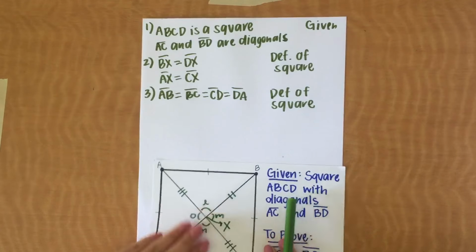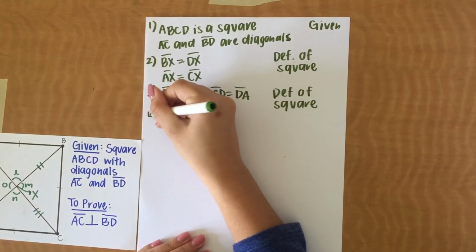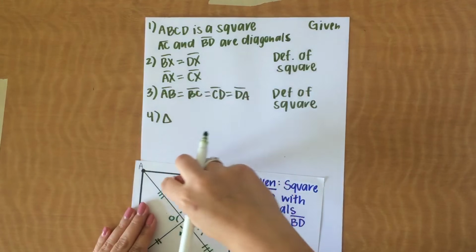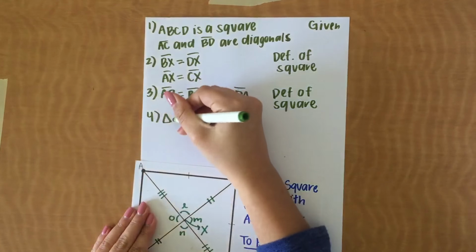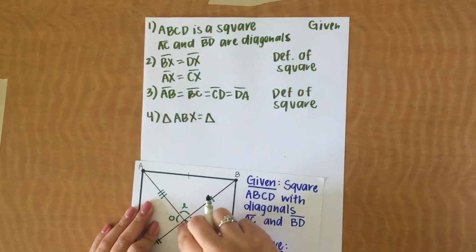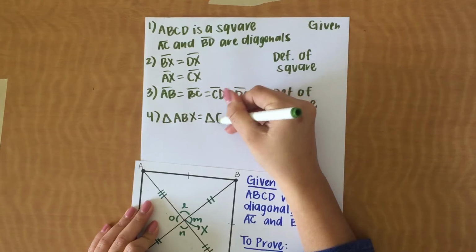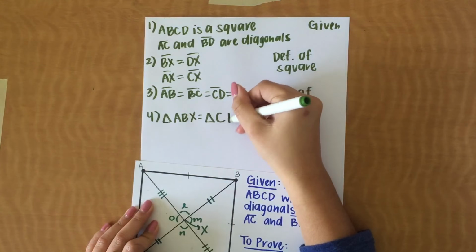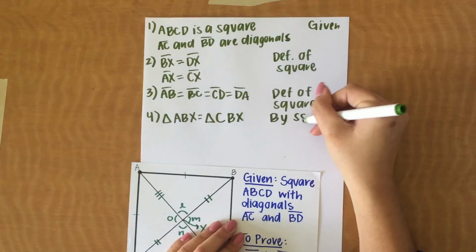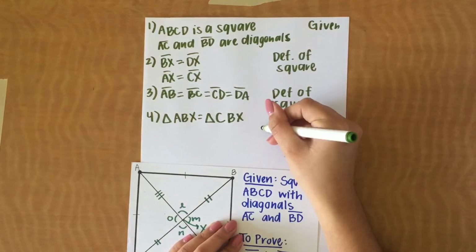So let's just figure out that these 2 triangles are congruent since all the sides are congruent. We can say that triangle ABX equals triangle CBX. And this is by side congruency.